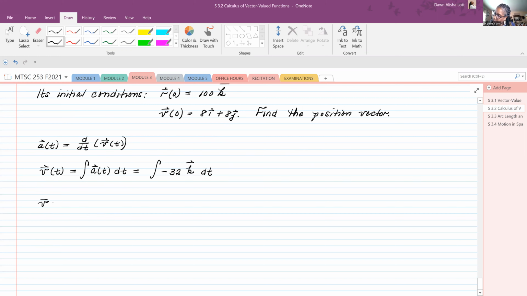So therefore v of t turns out to be c1, a constant for the i component, plus c2 for the j component, and I get minus 32t k plus a constant.